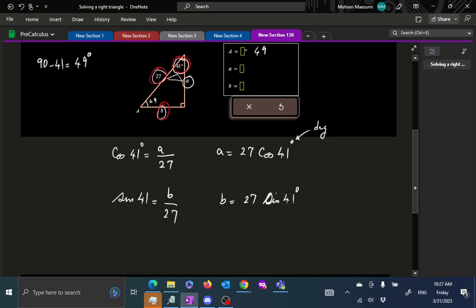Another approach you could take for B was to say, well, I use the Pythagorean theorem: B is the square root of 27 squared minus A squared. So once you find the A, you can put it here and find your B. But again, the A here is not going to be a nice looking number.